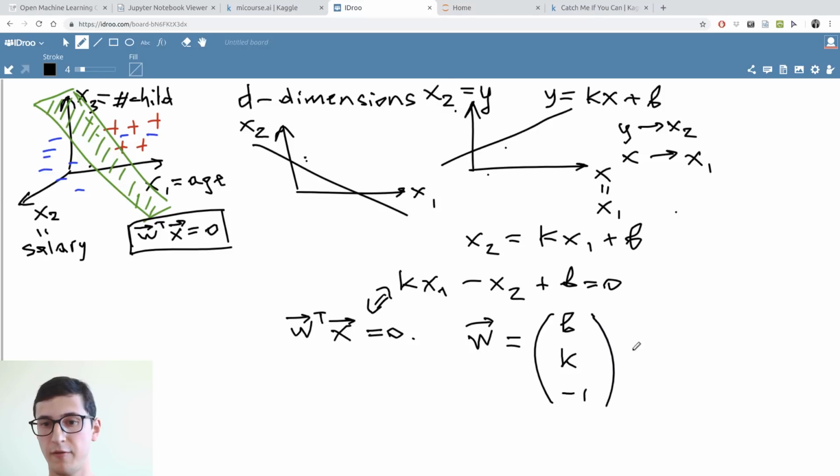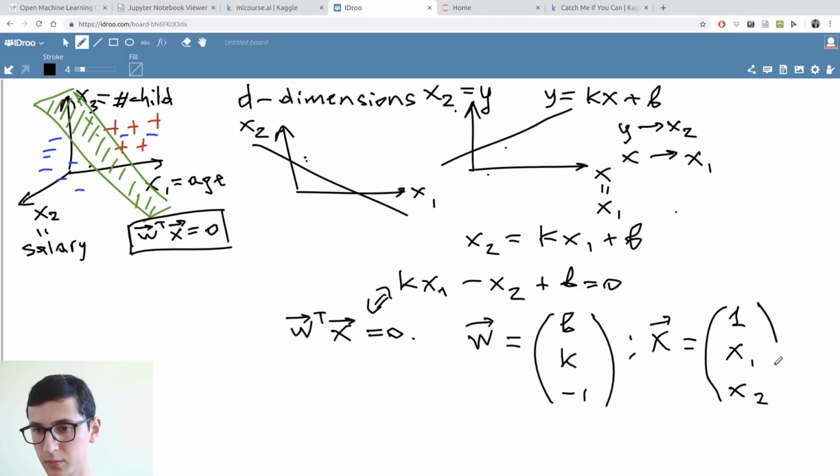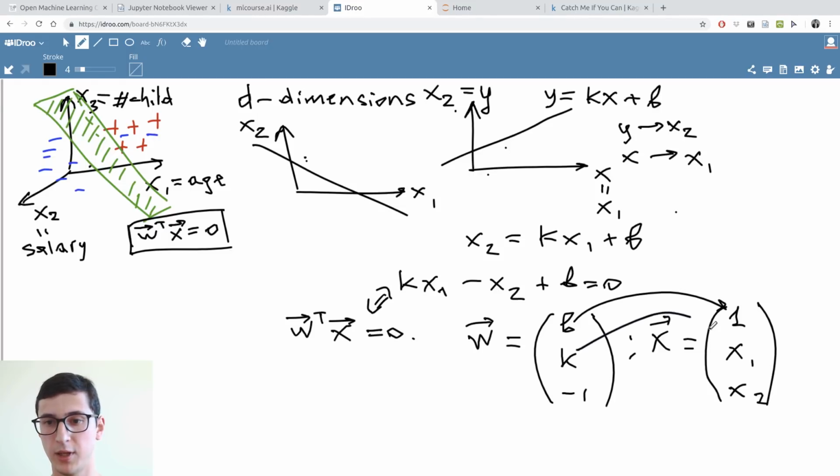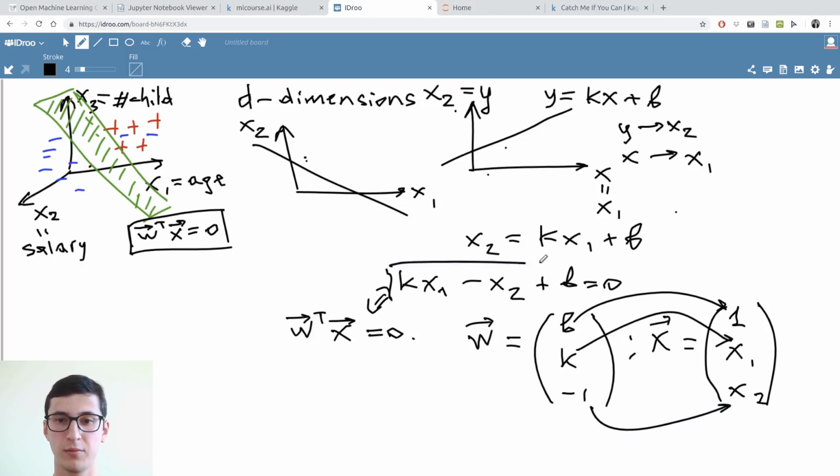And if we set a vector of x as being 1, then x1 and then x2, so this is pretty much the same. If we do inner product between these vectors, W transposed x, we'll see that this will be b, so b multiplied by 1, then plus k multiplied by x1, and then minus 1 multiplied by x2, and we've got this expression.